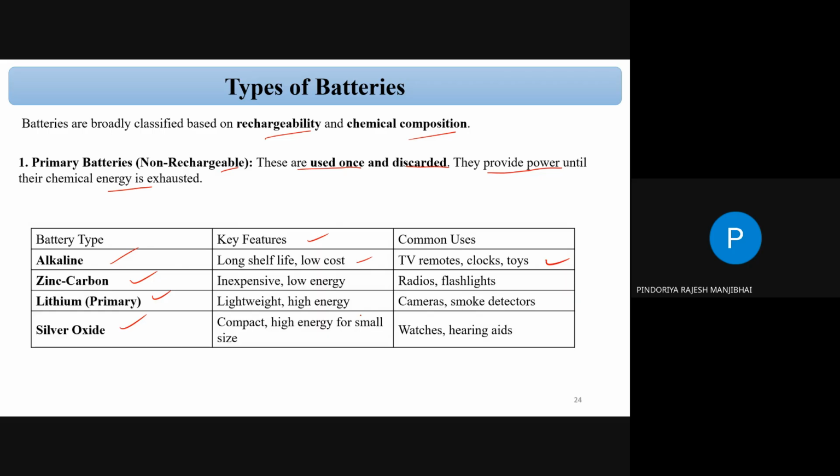Zinc carbon: inexpensive, low energy, used in radio, flashlight. Lithium battery: lightweight and high energy density, used in camera, smoke detector. Silver oxide: compact, high energy for the small size, used in watches and hearing aids. So these are the primary batteries we can use.